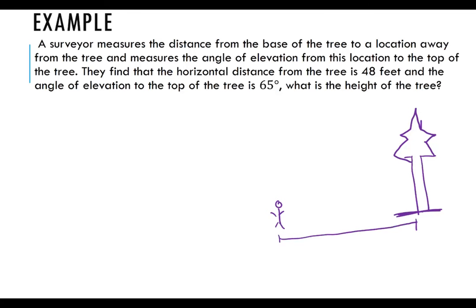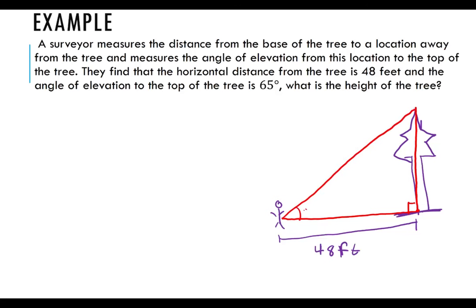The distance they walk away from the tree is 48 feet. For the sake of ease, we're going to assume this is where our right angle is, and that the distance to the person is 48 feet. The angle subtended is going to look like this.